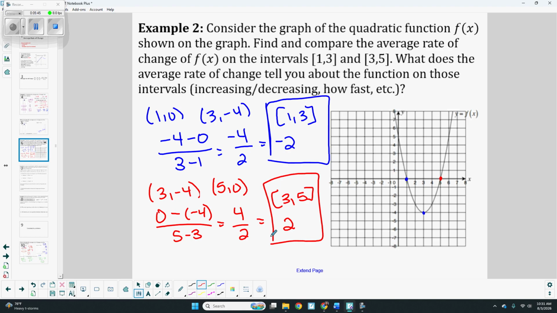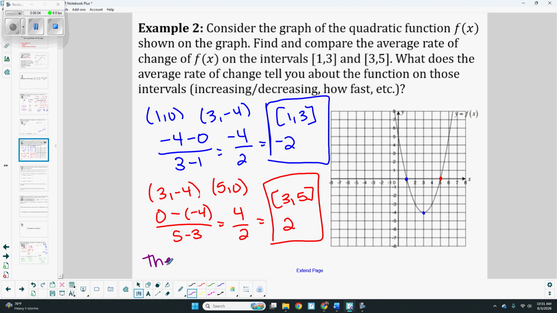So what this tells us is that the two intervals have the same rate of change, but it's decreasing from x is 1 to x is 3 and increasing from x is 3 to x is 5, right? They're both a 2, but this was going down because it was negative, and this is going up because it's positive. So that is what we will say.